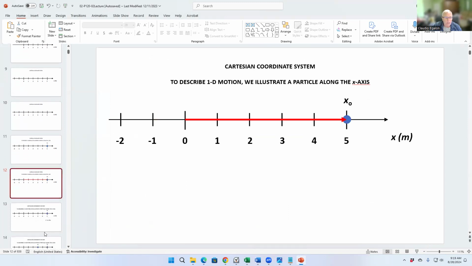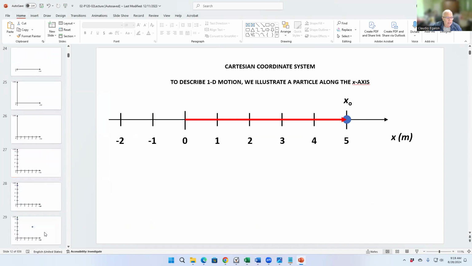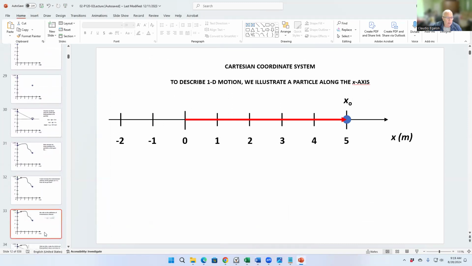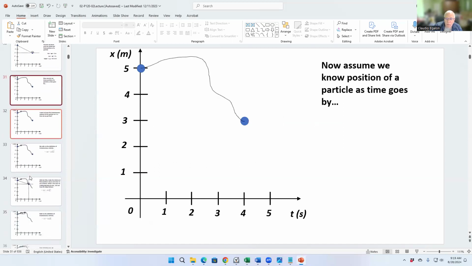If we start talking about the two-dimensional space, then this idea of vectors becomes a little bit more generic, okay?